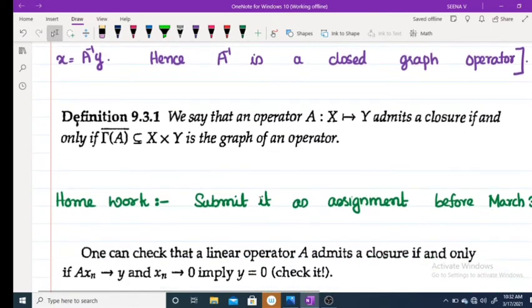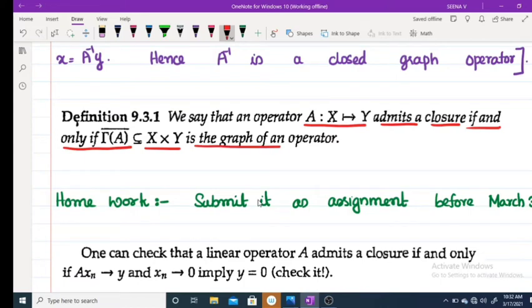Now there is a definition of a closure. We say that an operator A from X to Y admits a closure if and only if the closure of the graph of A, contained in X cross Y, is the graph of an operator.